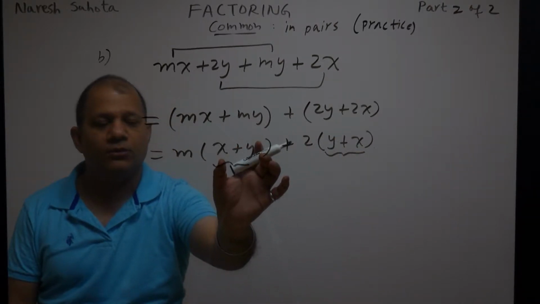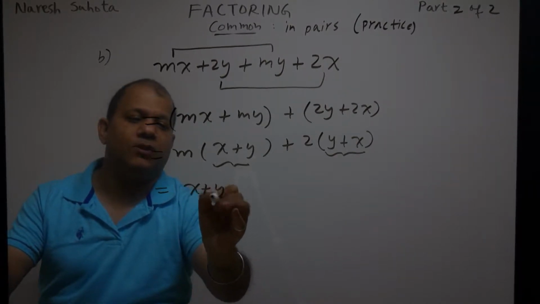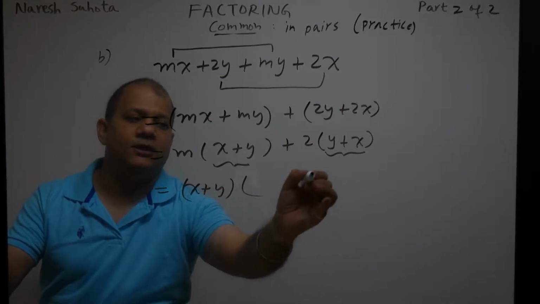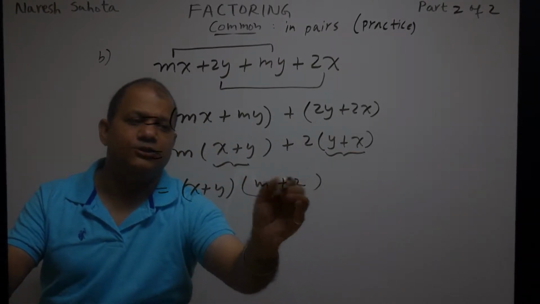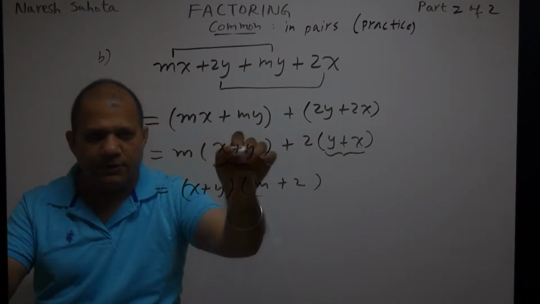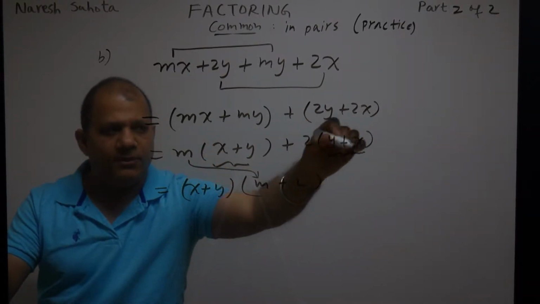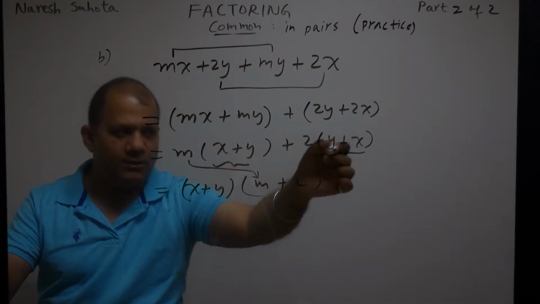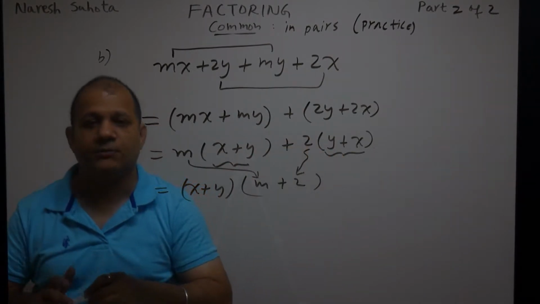So now we can pull this bracket as a common factor. x plus y is our common factor, and here we're left with m plus 2. Notice once you pull out this factor, then this other remaining factor just comes down here. From the second bracket, you pull out x plus y or y plus x, then the remaining factor will just go in the second bracket.